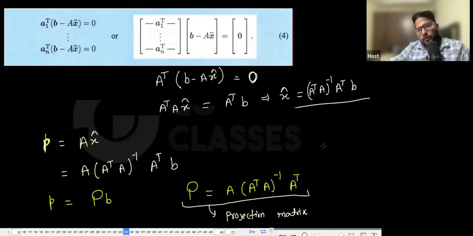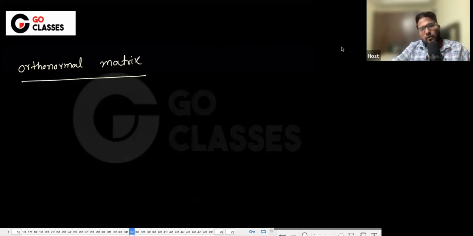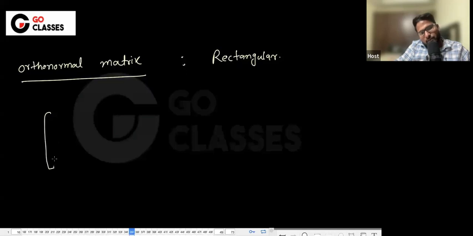Now, suppose this A is an orthonormal matrix, let's suppose it is U. For orthonormal matrices, let me just tell you one interesting fact. Take an orthonormal matrix which is rectangular, which means let's suppose you have three vectors in R5 which are perpendicular to each other.